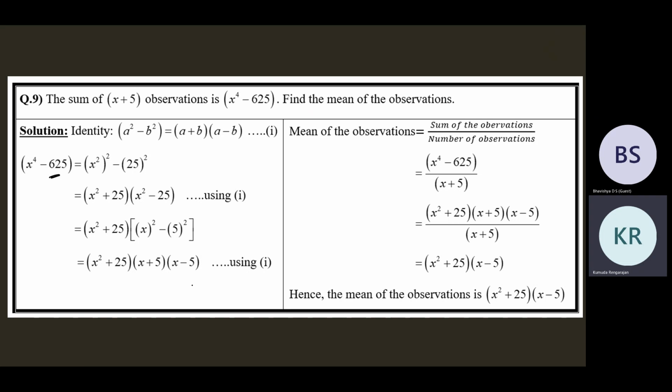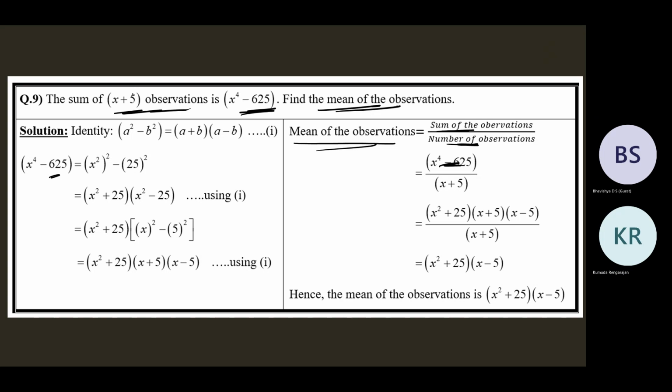So factorize that. And then the formula. You'll have to find the mean of the observations. So mean of the observations is sum of all the observations by number of observations. The sum of so many observations is this one.